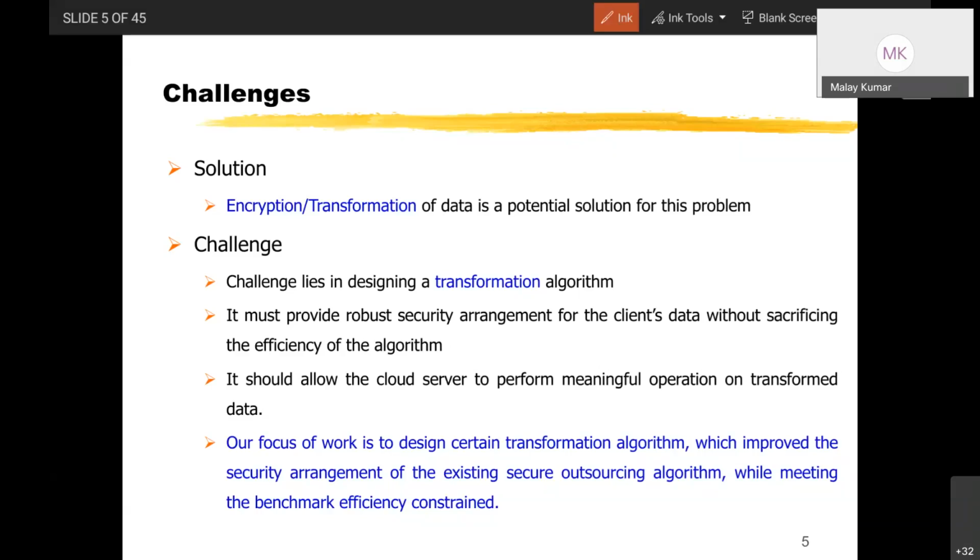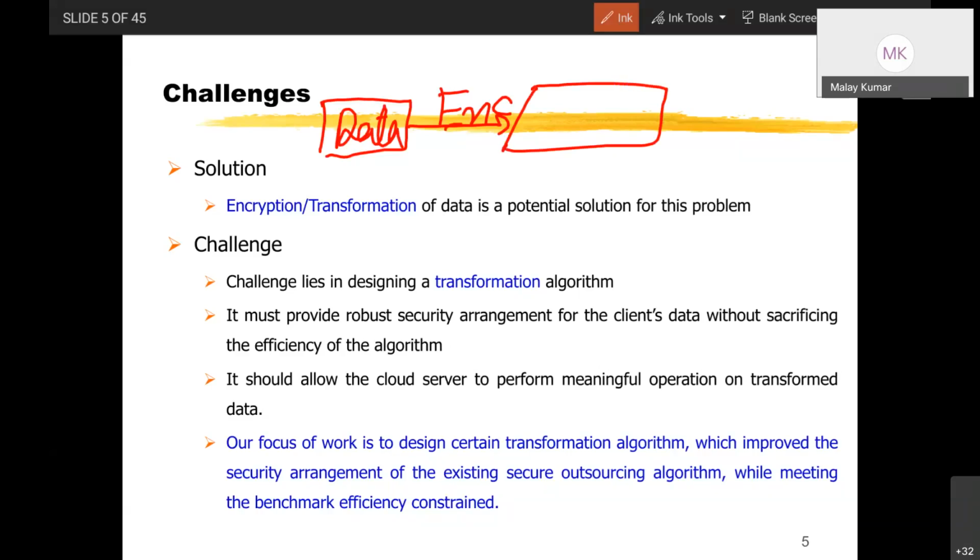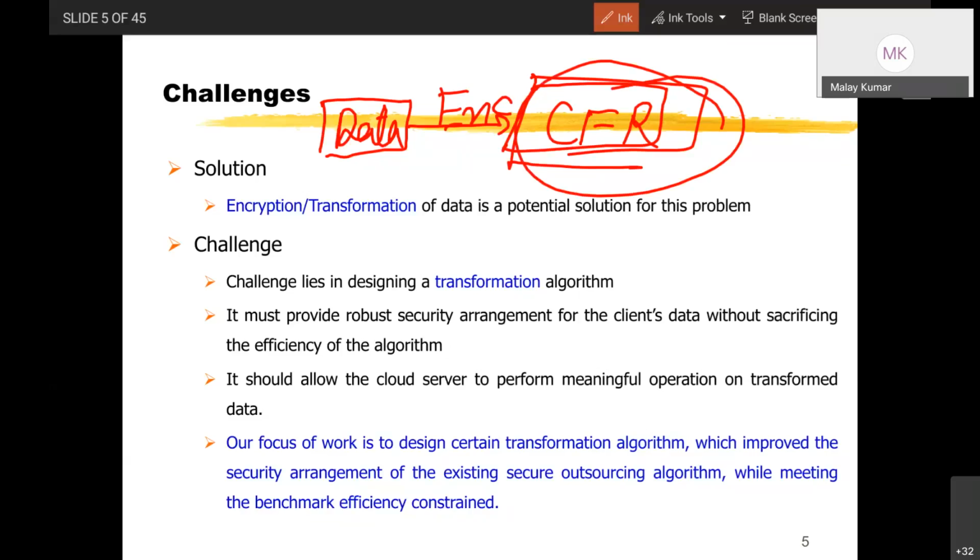And as you know, once you encrypt data, it becomes cipher, and when it becomes cipher, it is not possible, or it is very hard, to perform a meaningful computation over encrypted data, or over a cipher.